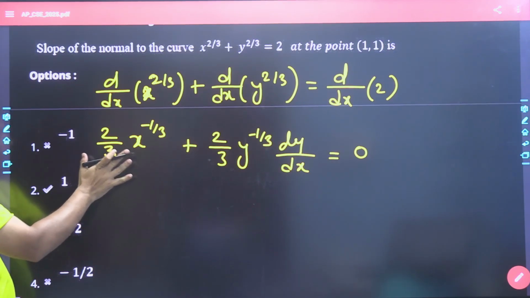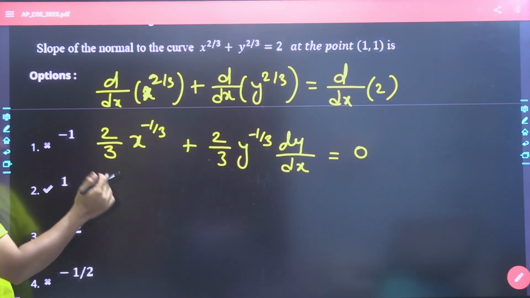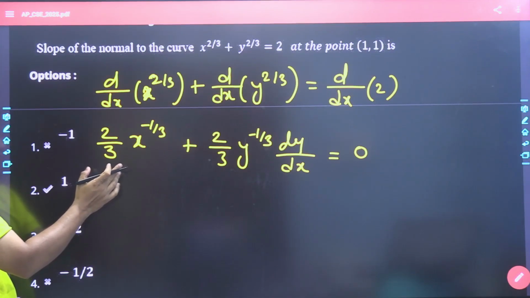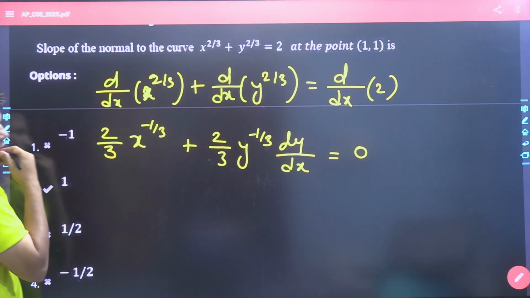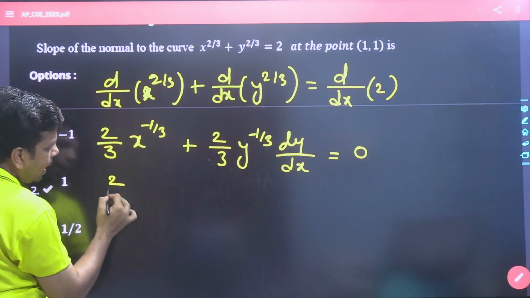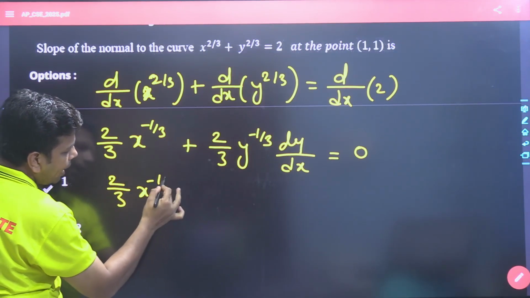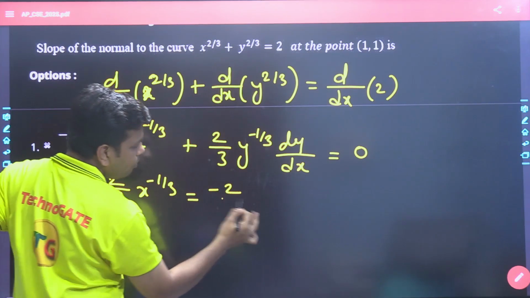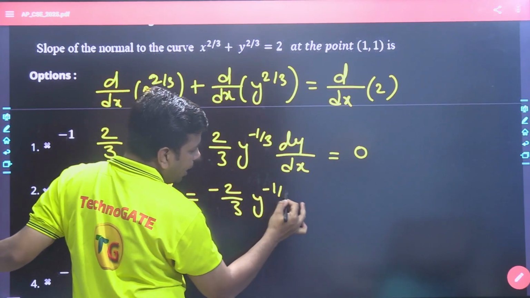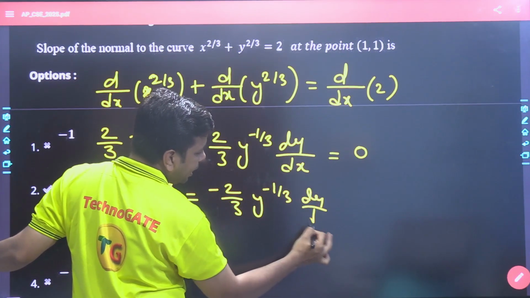Okay, now see for this, 2 by 3 x to the power minus 1 by 3 equals minus 2 by 3 y to the power minus 1 by 3 dy by dx.